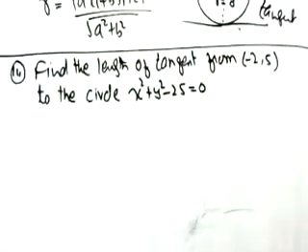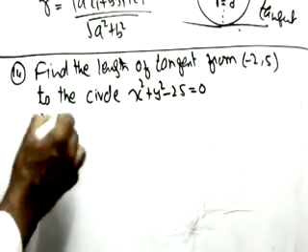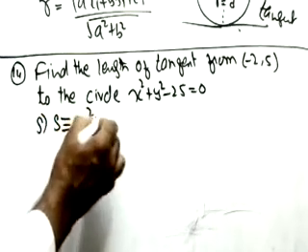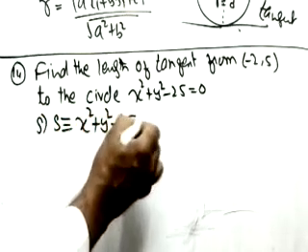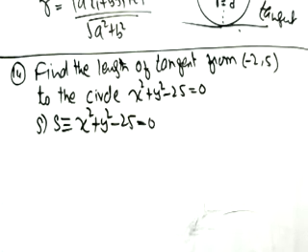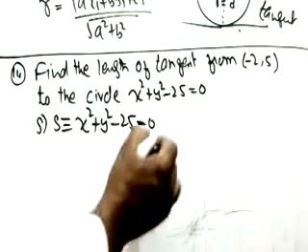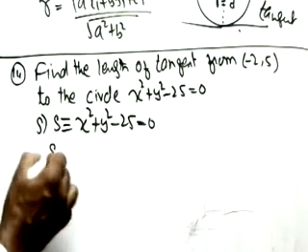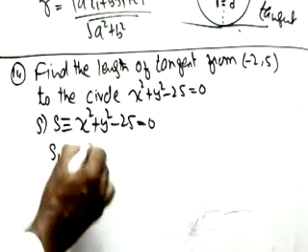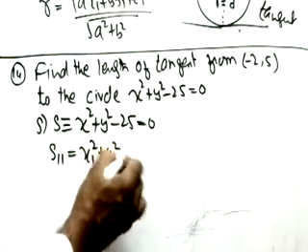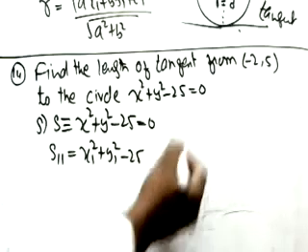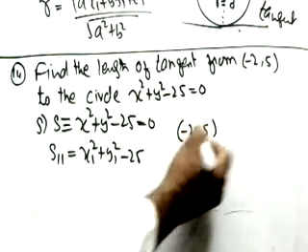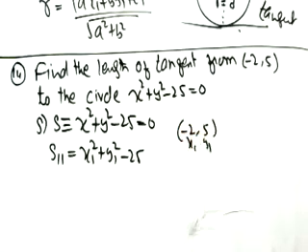Now let me do one question on this. Find the length of the tangent from the point to the circle. Let me denote the circle by x square plus y square minus 25 equals 0. Now what is the length of tangent? Root of S11. Let me first write S11. So S11 is x1 square plus y1 square minus 25. What is the point here? (-2, 5).